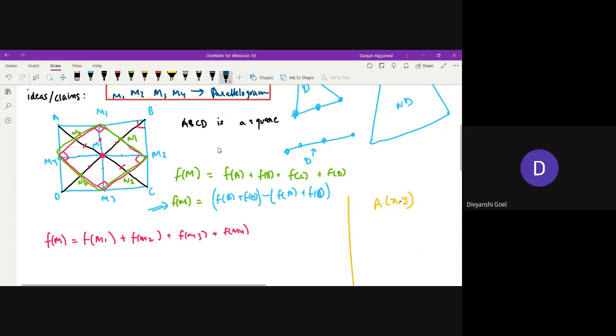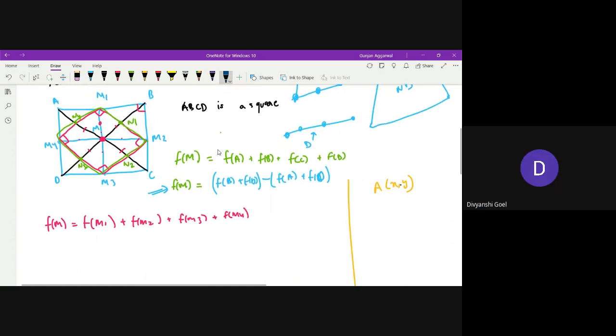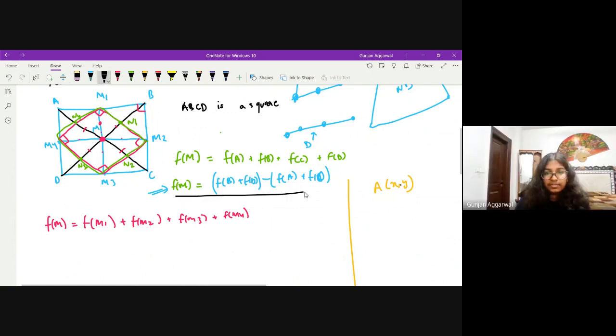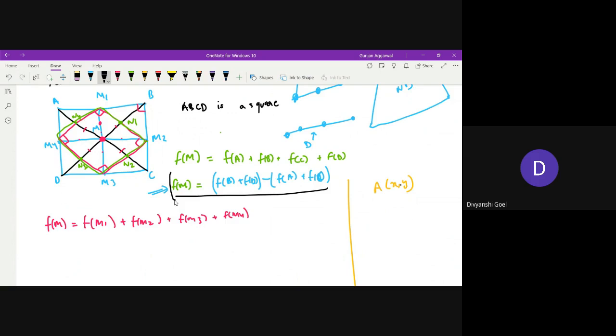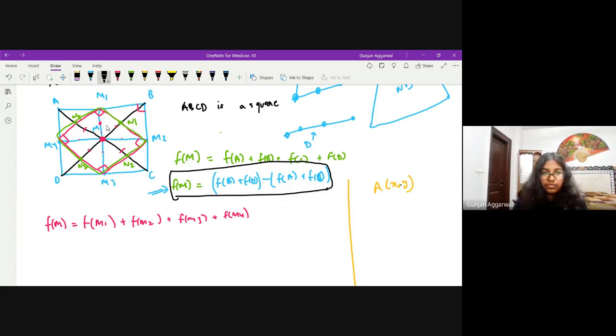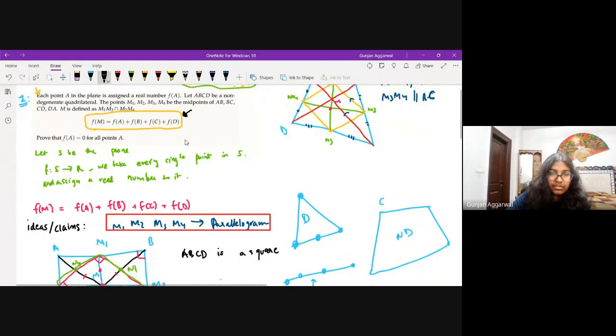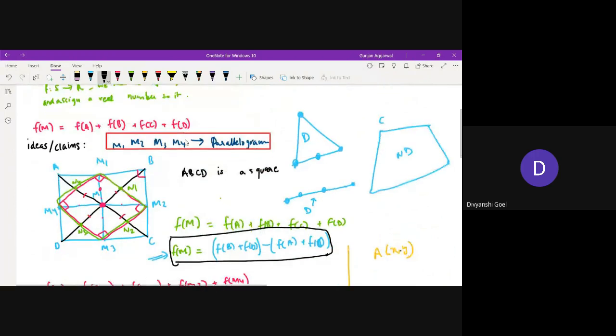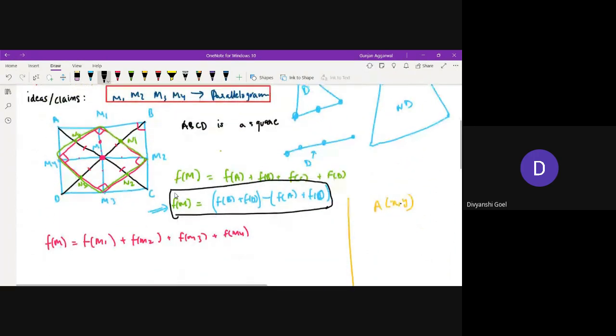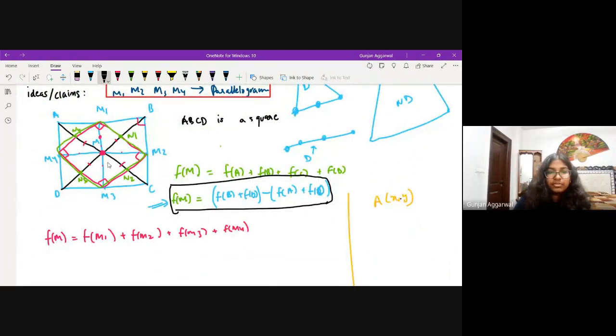Ma'am, after that, I'm not getting a clue how to solve next. How did you get this thing? Ma'am, by using the property of square. But the only property we have is the one relating the functions. Yes, ma'am, so we can't use the property of square over here. Which property are you talking about?